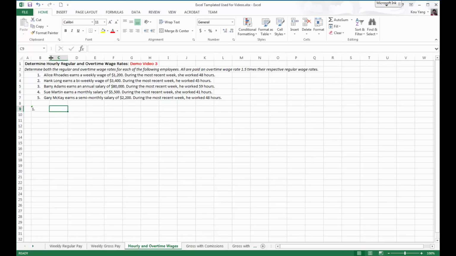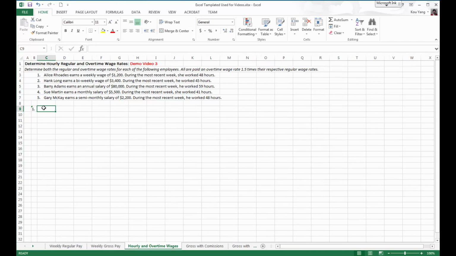All right, so for example number 1, Alice Rhodes earns a weekly wage of $1,200. During the most recent week, she worked 48 hours. So we can break down what her regular wage rate is, and then we'll calculate the overtime wage rate.